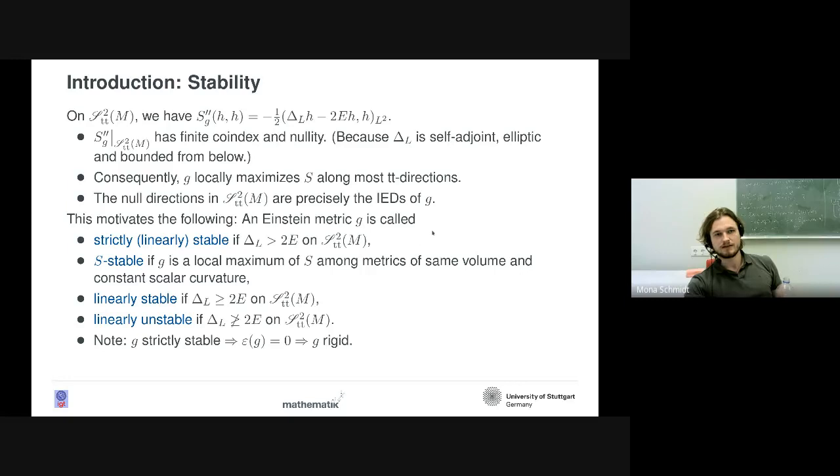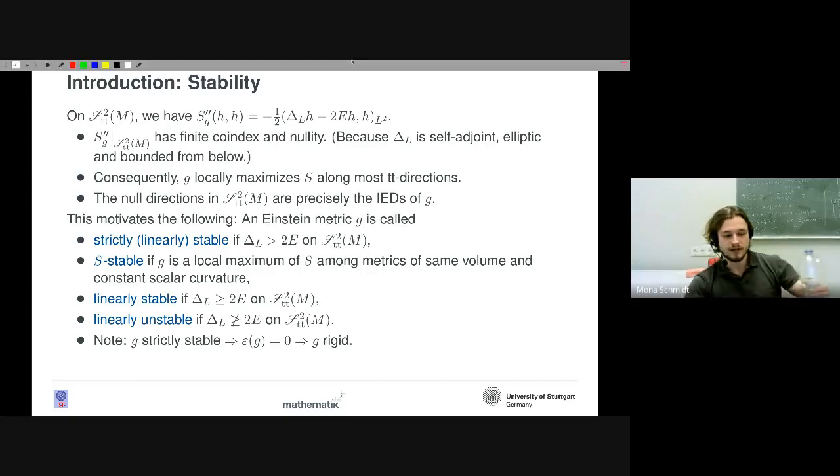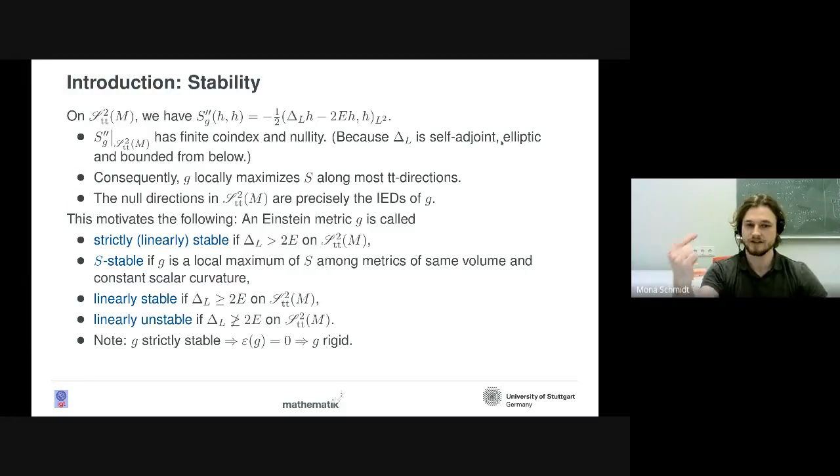There has been an example of Zilla, where I don't know what the space was, but it was a symmetric space that we knew was linearly stable, but not S stable, because we have these null directions and they destabilized the metric to some higher order.